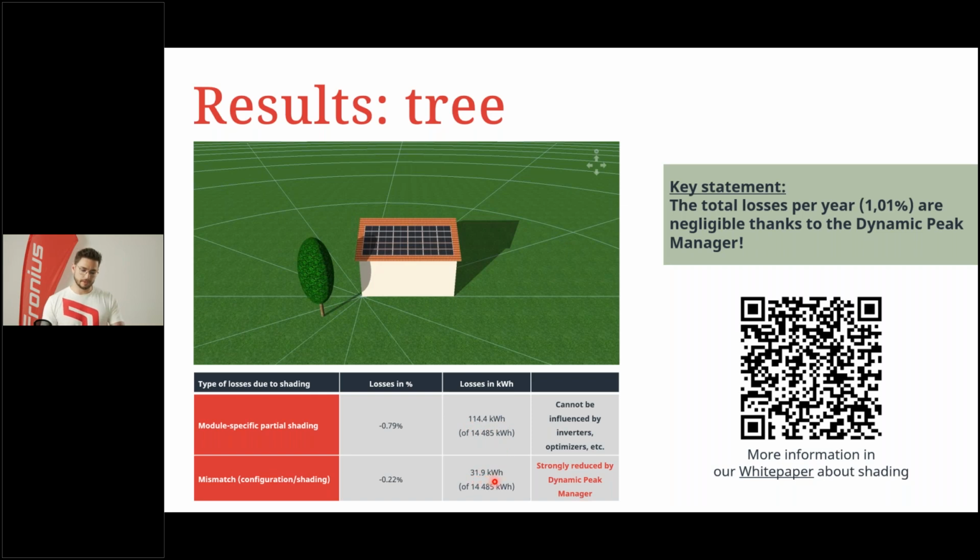But let me tell you again that the mismatching losses are very strongly reduced because of the inbuilt algorithm. So in total, we talk about 1% of losses, which are again very low compared to no algorithm, which would cause a very dramatic effect actually. Now, that's the 2 simulations.